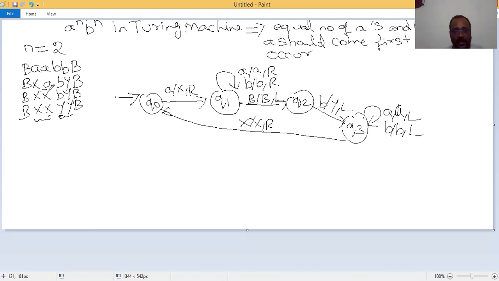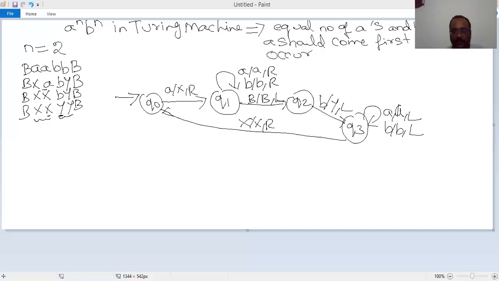You will have the A, perform the same operation. A will be replaced as X and move to the right hand side. Next is B, which will be mentioned as it is and move to the right hand side.